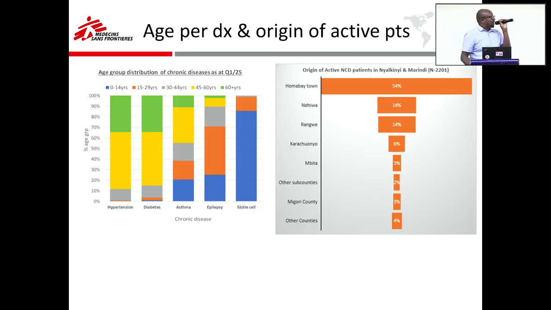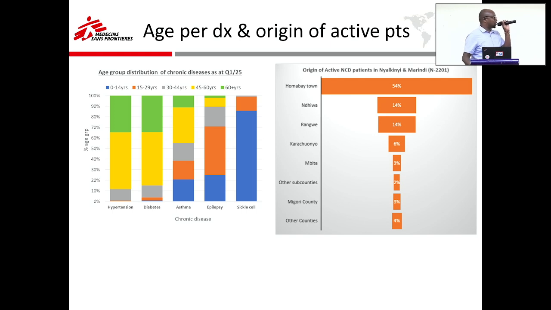So, as I said, yesterday there was a question about pediatric NCD. You can see the blue one represents pediatrics, less than 14. Of course, pediatrics is less than 12, but even at our Homa Bay County, pediatrics is less than 14.